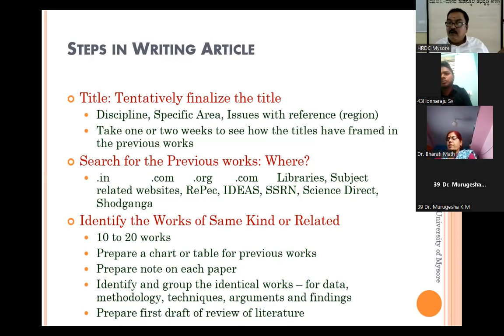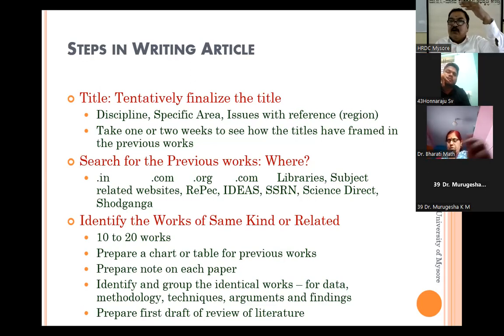These previous reviews have identified and argued for so and so. However, these previous research works have not discussed these issues and not used this methodology. Therefore, the present research paper will discuss these issues by using this kind of data and methodology.